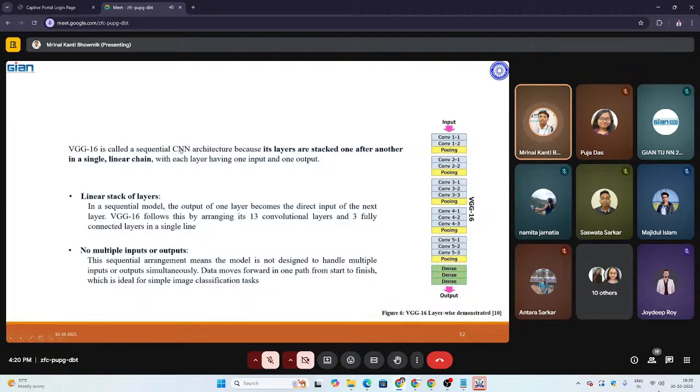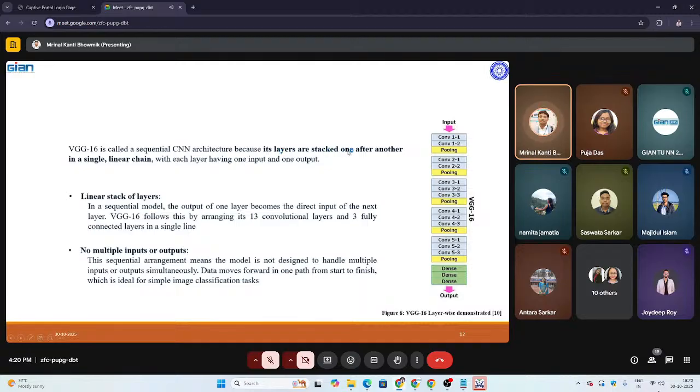VGG16 is also called a sequential CNN architecture because its layers are stacked one after another. Why is VGG16 sequential? Since my topic was that I will be using a sequential convolutional neural network. So why is VGG16 called a sequential CNN architecture?